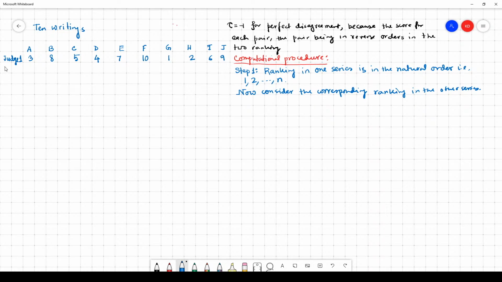And for judge 2, the ranks are 6, 4, 7, 5, 10, 3, 2, 1, 9, 8.